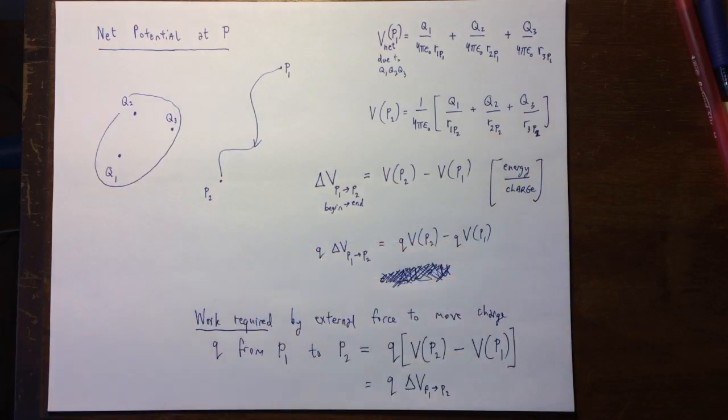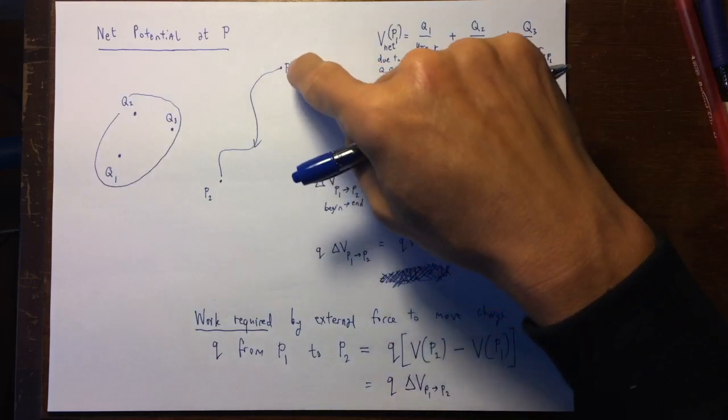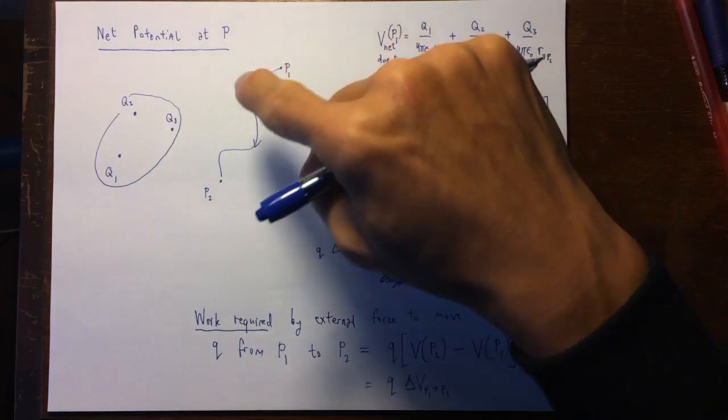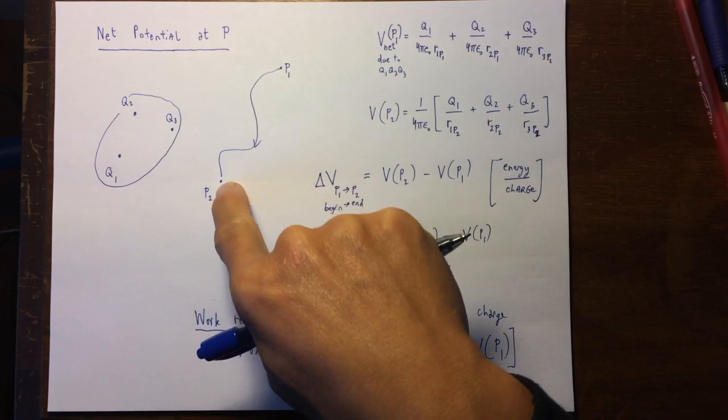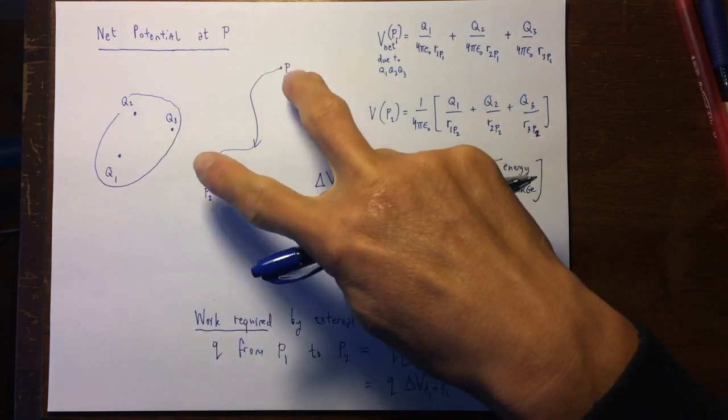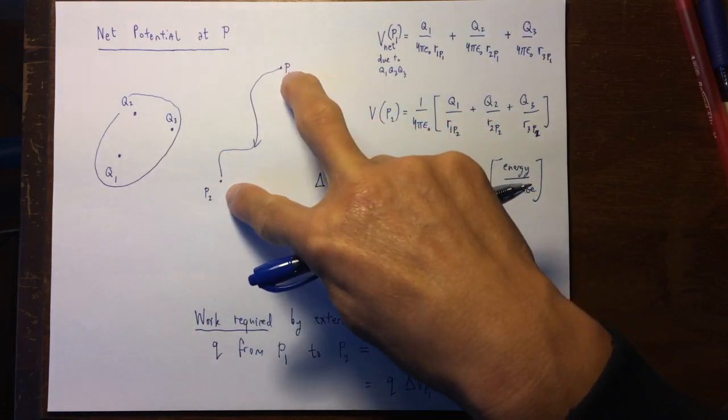So this is the way you can calculate what is required of an external force to do this. If you can calculate the potential at this place and then the potential at that place, these are two separate energy per charges.